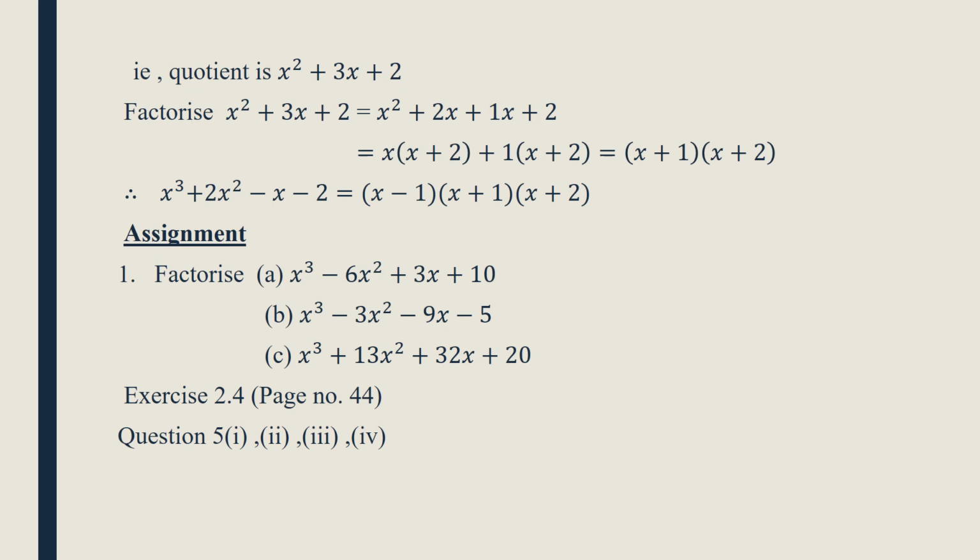Taking common factor x, we have x into x plus 2 from the first and the second term, and 1 as common factor in the third and fourth term. We have 1 into x plus 2, which is equal to x plus 1 into x plus 2. Therefore, the cubic polynomial x cube plus 2x square minus x minus 2 is equal to x minus 1 into x plus 1 into x plus 2.